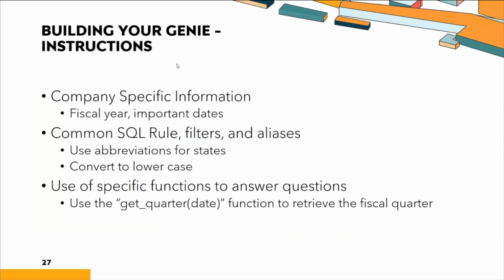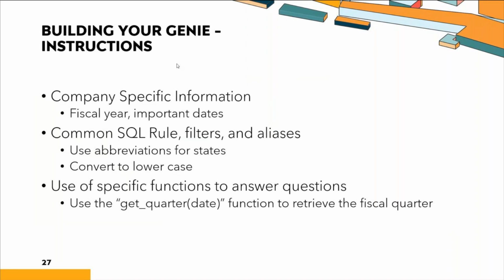So I talked about all of that. Now just some general tips. There's an instruction section you can make. Here you want to put any company-specific info, your fiscal year, any important dates at your company, any common SQL rules you want it to follow while it's generating. An example here is, use abbreviations for states. So then every time it generates some graph with states, you're telling it, okay, use WI instead of Wisconsin.